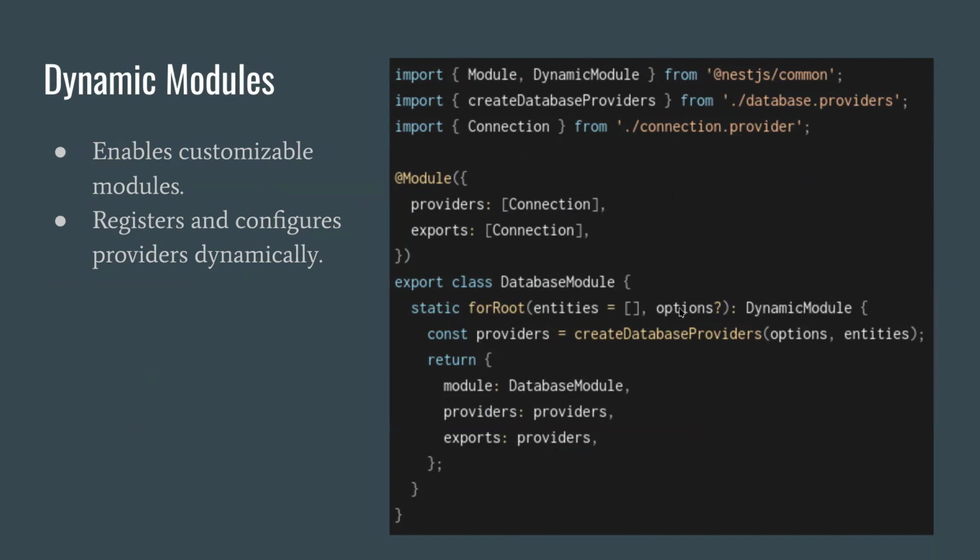It is creating the database provider by calling createDatabaseProviders and assigning it to providers, and it's returning a module object that contains the module, providers, and exports properties. So this module can register additional providers based on the configuration passed to the forRoot method.